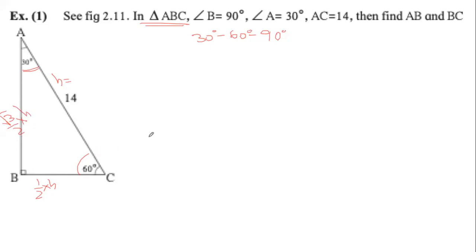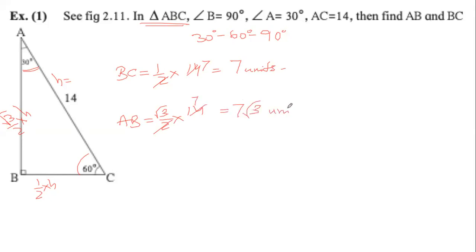So our calculations will be BC equals 1/2 into 14, which is 7 units, and AB equals √3/2 into the hypotenuse, which is 7√3 units.